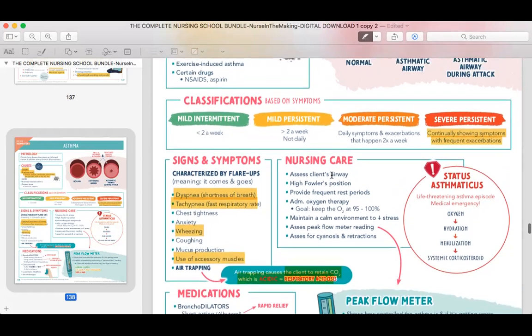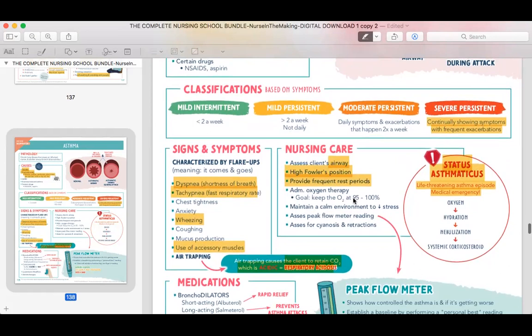Nursing interventions: airway, breathing, circulation. Airway's priority, high Fowler's position. You want to elevate the head of the bed and provide frequent rest periods. Unlike COPD, where the normal oxygen saturation goal is 88 to 93, for asthma patients the goal is to keep it above 95.